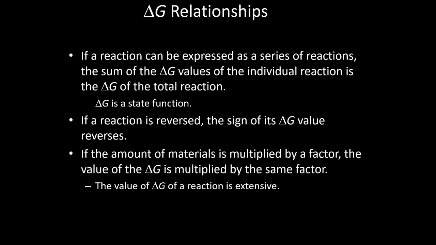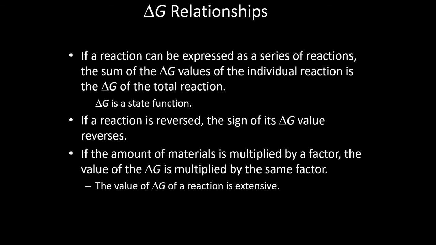There is another way to find delta G values. If you remember back from General Chemistry 1, we had an alternative way for finding enthalpy values for reactions. Because enthalpy is a state function, and delta G is also a state function, by the way, we were able to add reactions together.